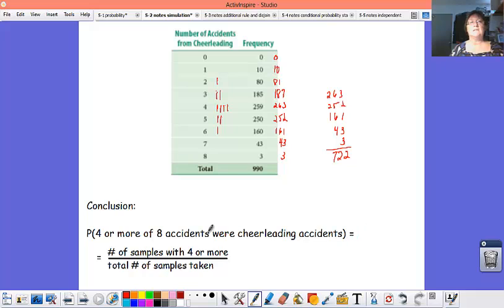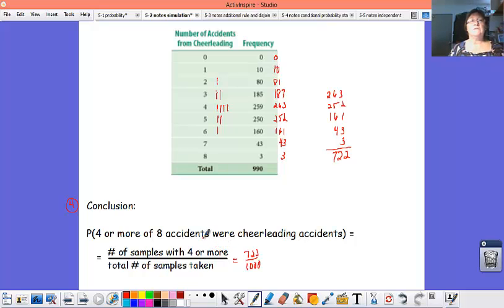The probability that 4 or more of the accidents were cheerleading accidents would be the number of samples with 4 or more over the total, 722 out of 1,000 times. So my conclusion needs to talk about the probability. This is, by the way, our 4th step in the simulation. We give our conclusion. 722 out of 1,000 such accidents in our simulation came from cheerleading.